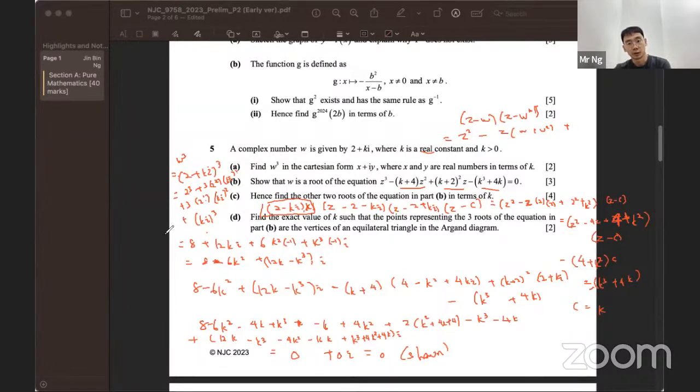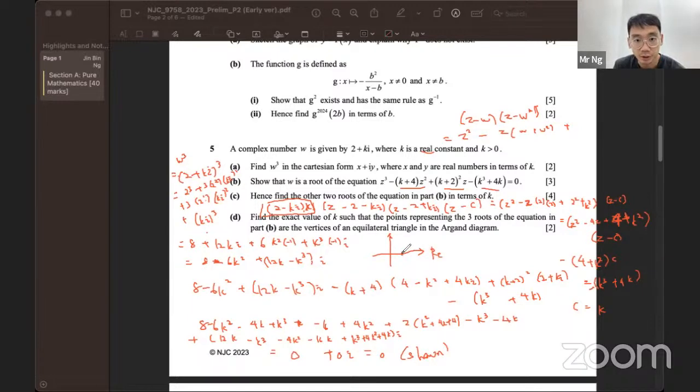Find the exact value of k such that the points representing the three roots of the equation are vertexes of an equilateral triangle. So k is positive, real.